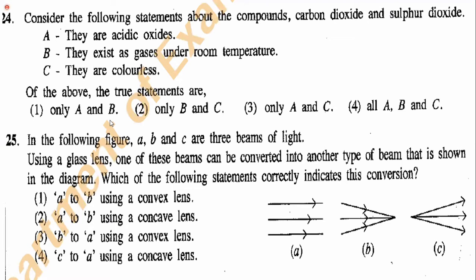Look here, what beams are there? Parallel beams. A is parallel, B is a convergent beam, C is a divergent beam. Parallel, convergent, divergent.